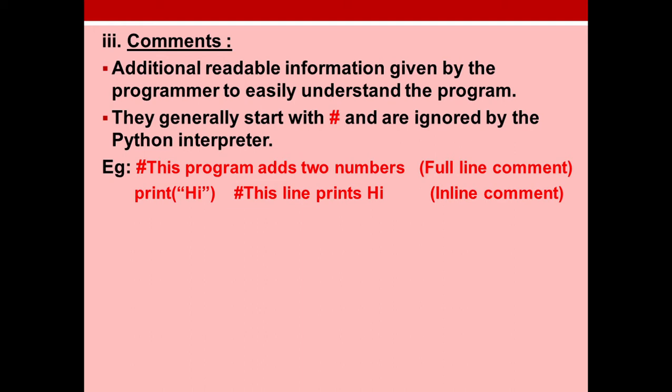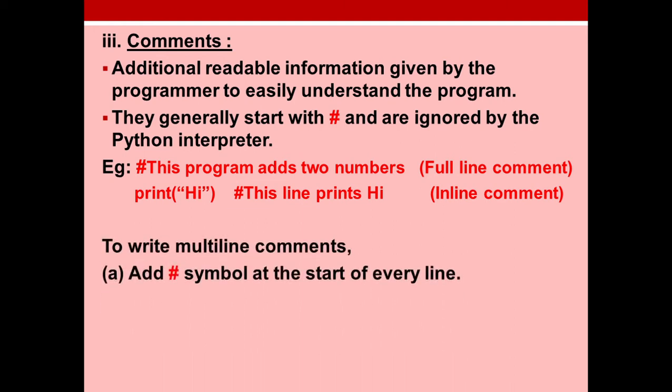See the example, hash, this program adds two numbers. So this type of comment is called a full line comment. In the next line, if you see print hi, a Python statement is given and following that, hash, this line prints hi. So if you give a comment along with a Python statement like this, they are called inline comments.